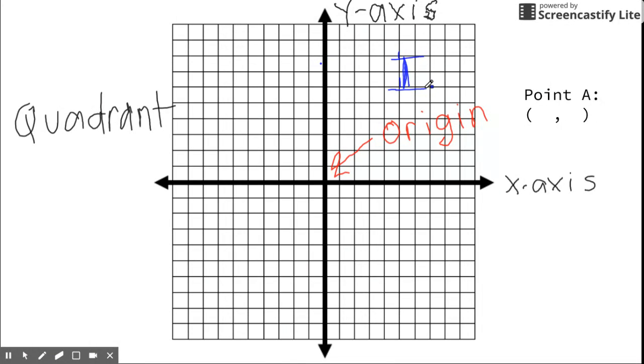Then it goes in a counterclockwise order. So quadrant 2 is over here. I'm going to use Roman numerals for 2. Then I have quadrant 3, and quadrant 4.